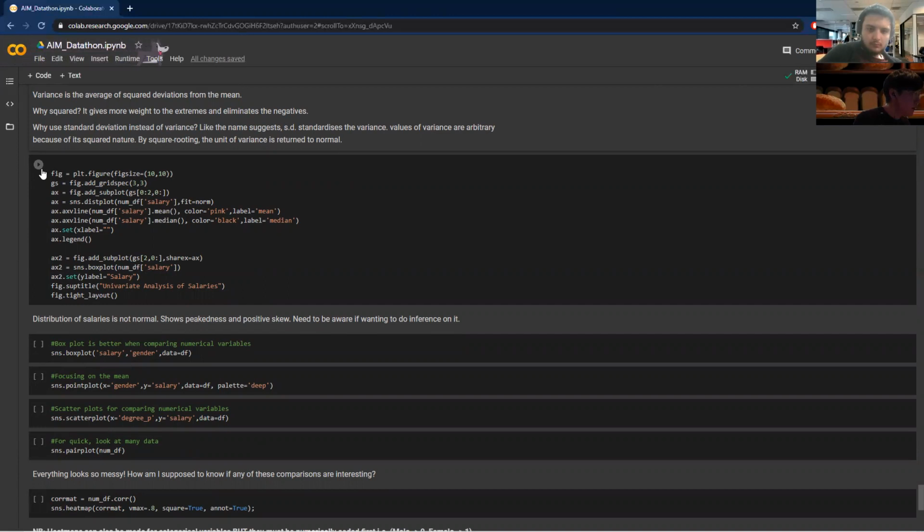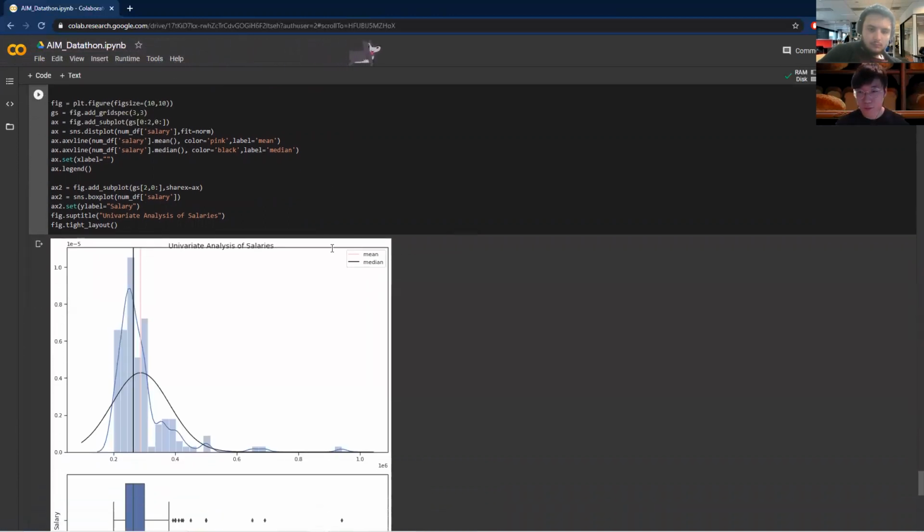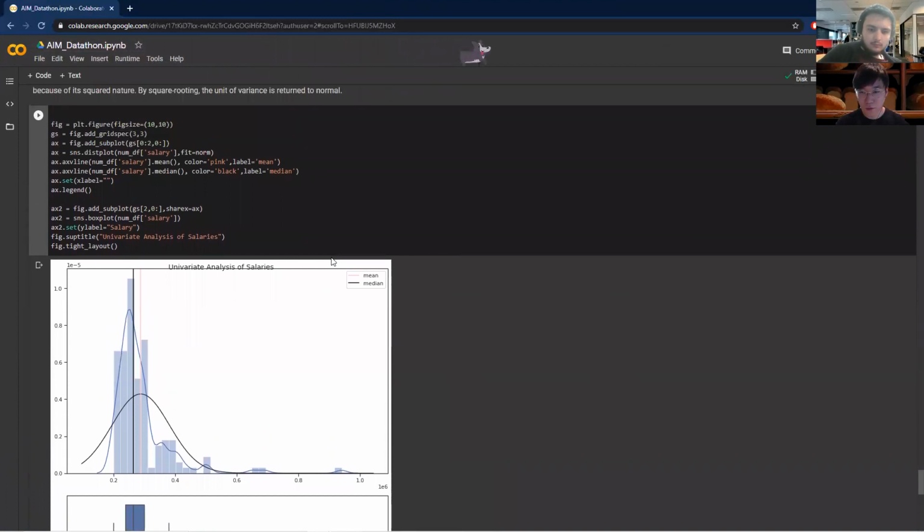So then let's look at one more example of spread and structure of the distribution of data. This is another numerical data set, and this is salary.